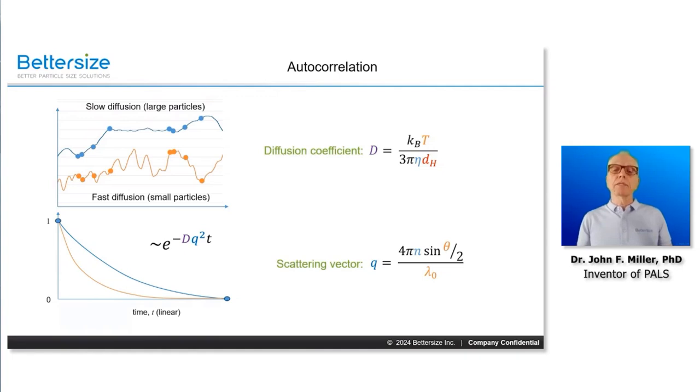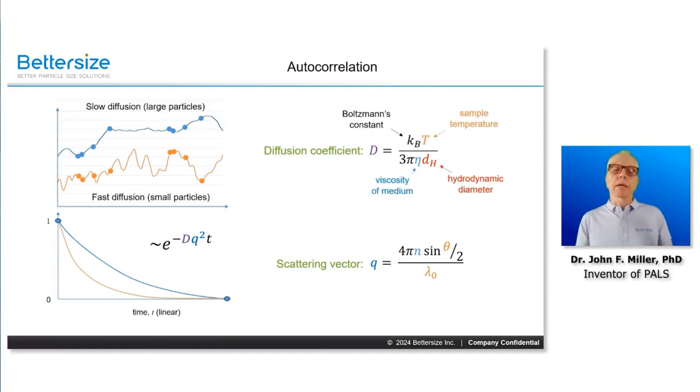The instrument measures this function through light scattering to estimate the diffusion coefficient, which in turn requires knowing the scattering vector. The diffusion coefficient relates to the particle's physical properties, and the scattering vector accounts for the instrument's optical geometry.